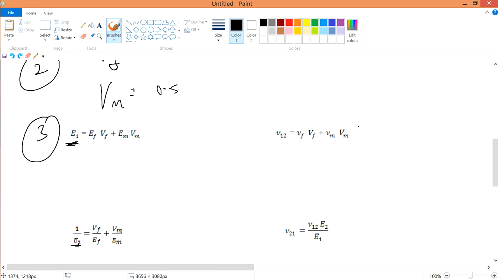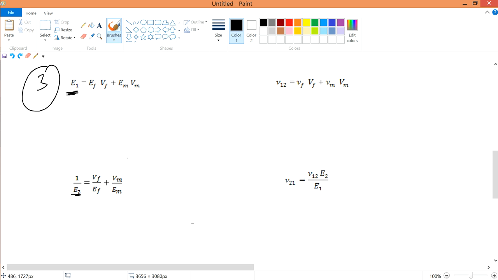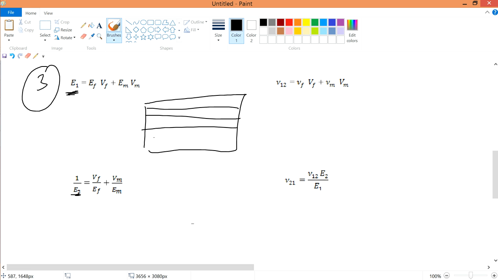So I need to know E1 and E2. In case you forgot, this is in the one direction, this is in the two direction. So the Young modulus in the one direction is this one, the Young modulus in the two direction is this one.